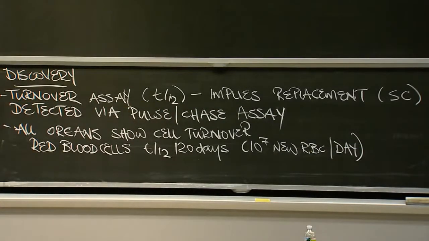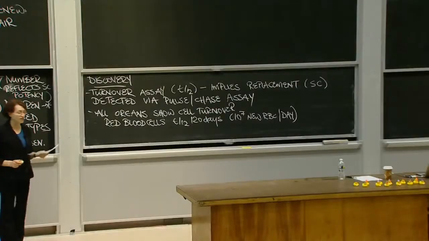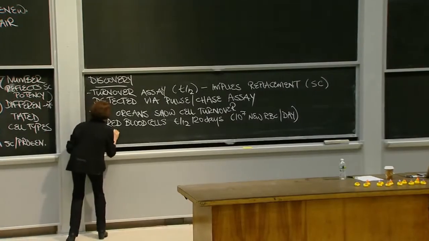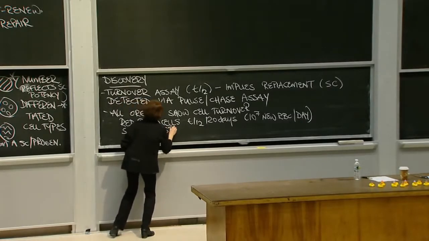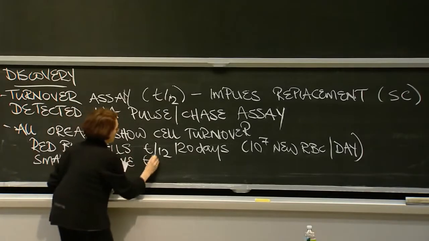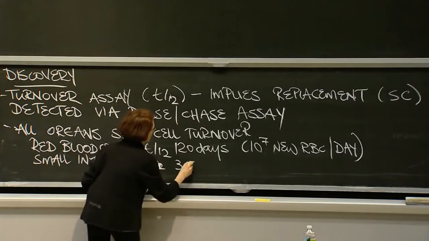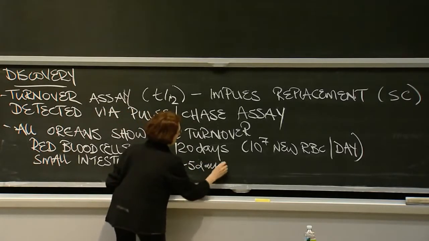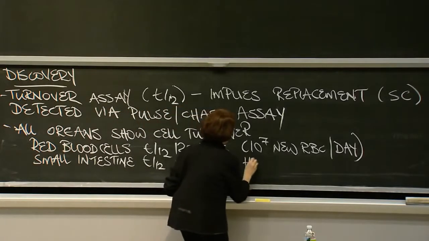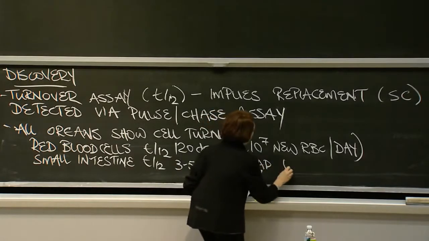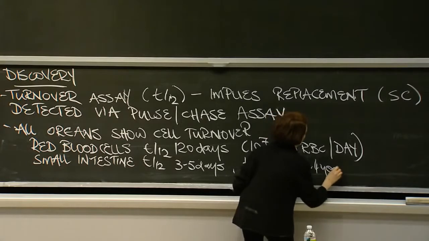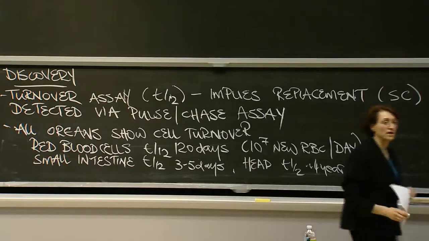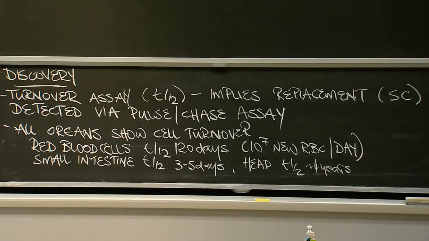In your intestine, the half-life of cells is 3 to 5 days in the small intestine. And the hair on your head has a half-life of about 4 years. So it's variable for different kinds of cells.